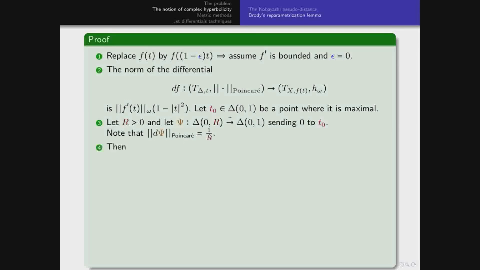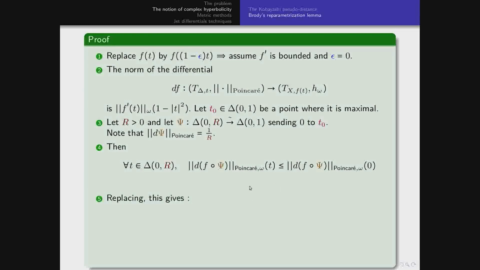And now we can express the norm of the derivative of our reparametrized version of f in the Poincaré metric at the origin and the Hermitian metric at the target. And by our choice of t0, we have an upper bound now by this quantity, but at 0 instead of t0 before. And we can now compute on both the left-hand side and right-hand side.